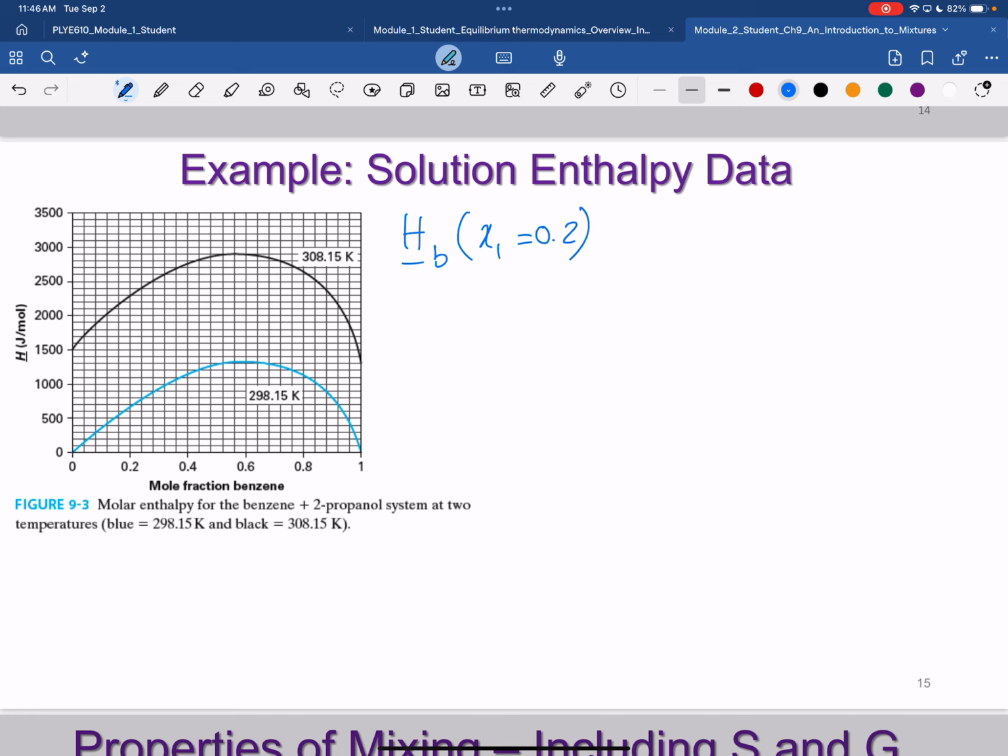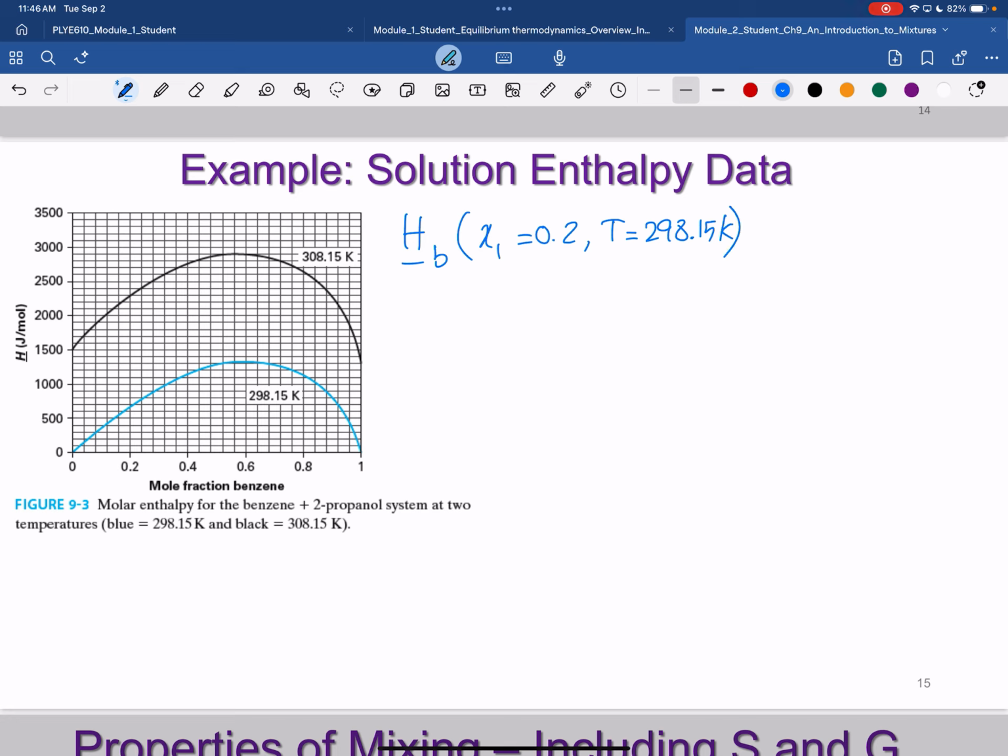Okay. Now look at the curve again. Is HB 0? So this is at temperature, let's write it. Oh, sorry, 298, right?